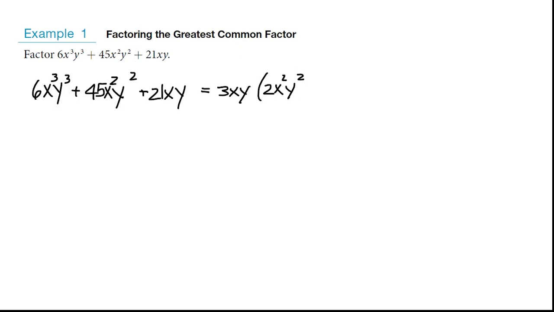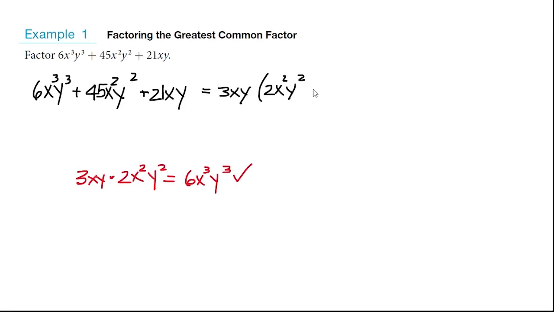And if I just do a check of that, 3xy times 2x squared y squared would give me 6x cubed y cubed. So that does check out. Next I'm going to need 15 here, and then just xy, and then plus 7.